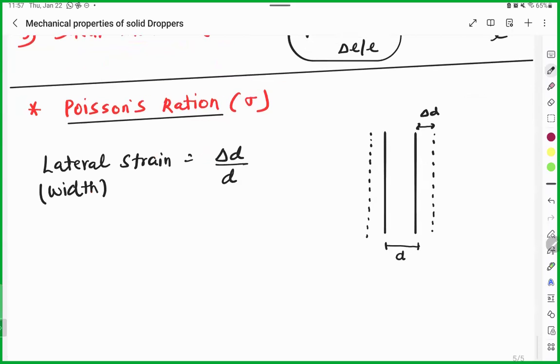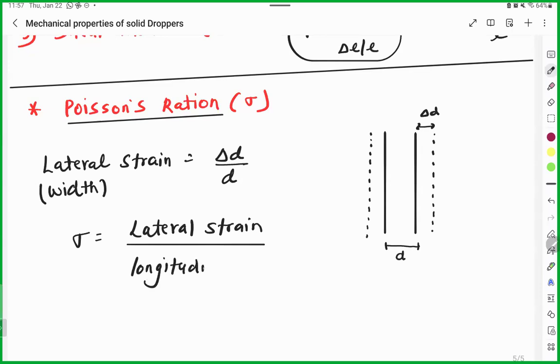So in this case, if you calculate Poisson ratio, it will be the lateral strain we just did above compared to longitudinal strain. In one of the papers, I think 2024 or 25, they asked this question: what is the unit of Poisson ratio?